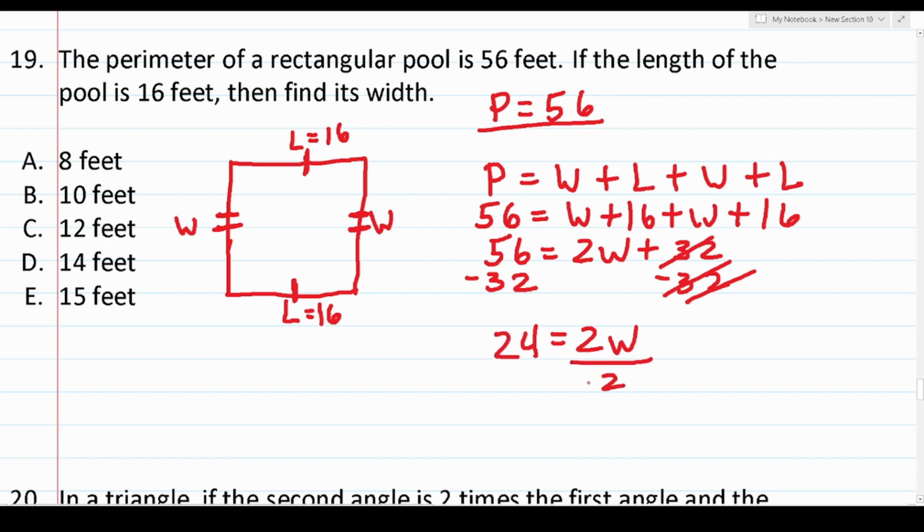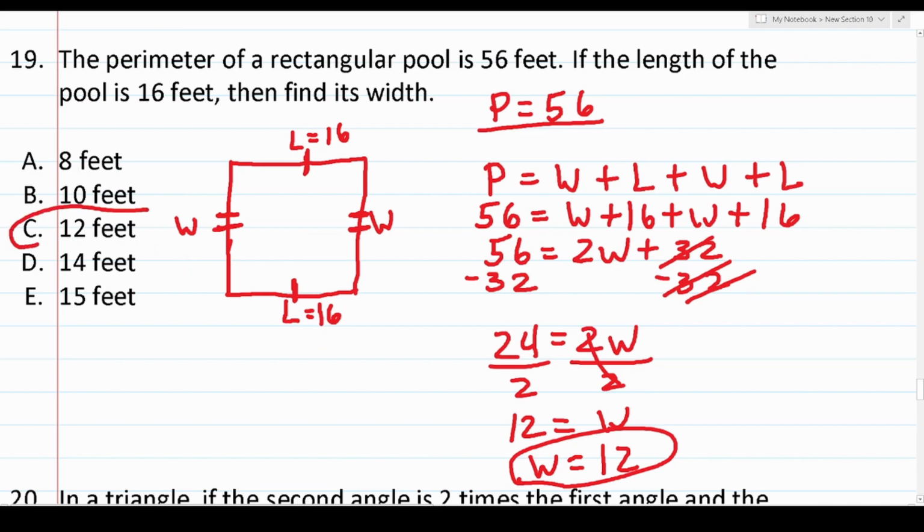Divide both sides by 2 finally to get W by itself. We're left with W over here. 24 divided by 2 is 12, and in math, it's customary to write the variable for what you solved on the left, so this is W equals 12. Okay, so this one is W equals 12. Our width is 12 feet, which is C in this case.